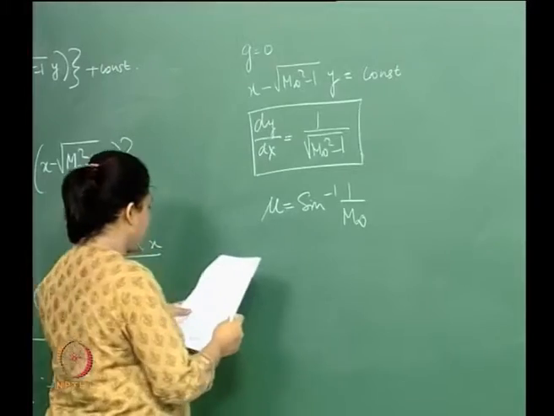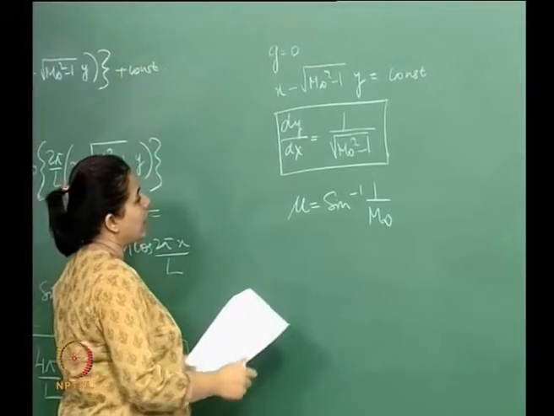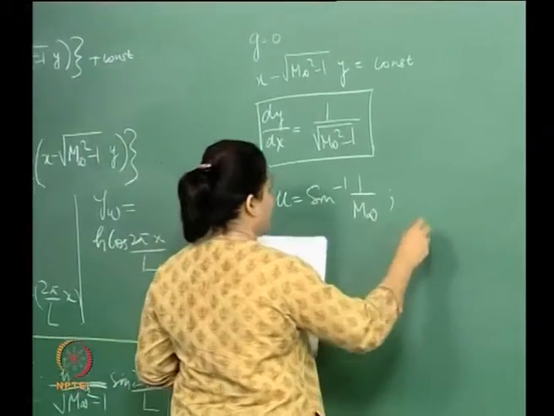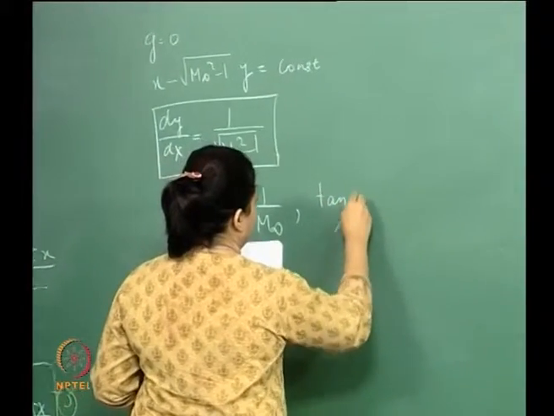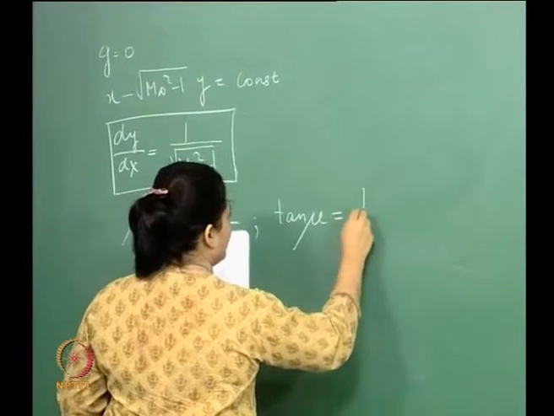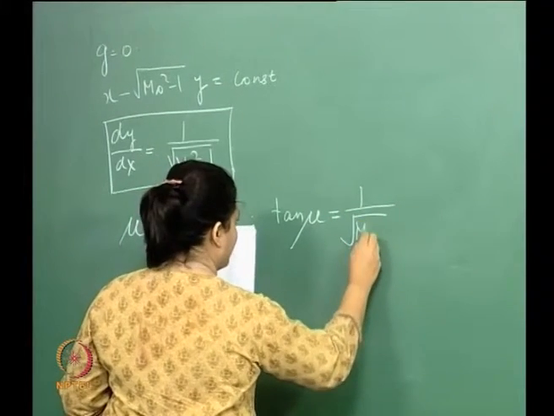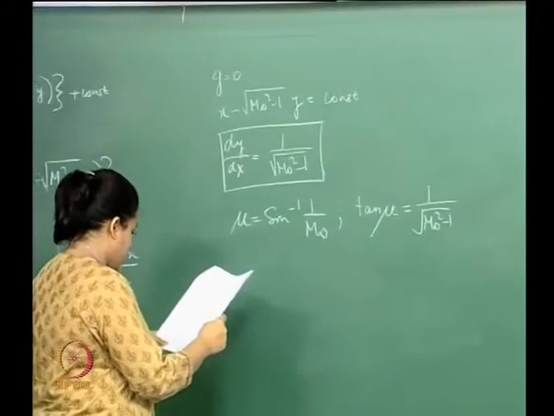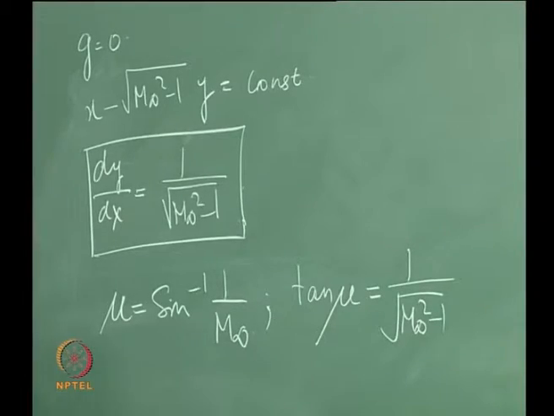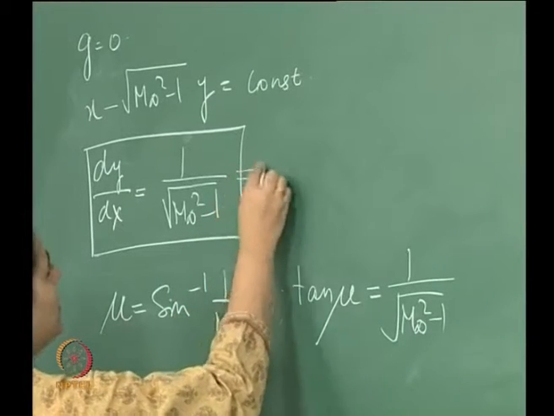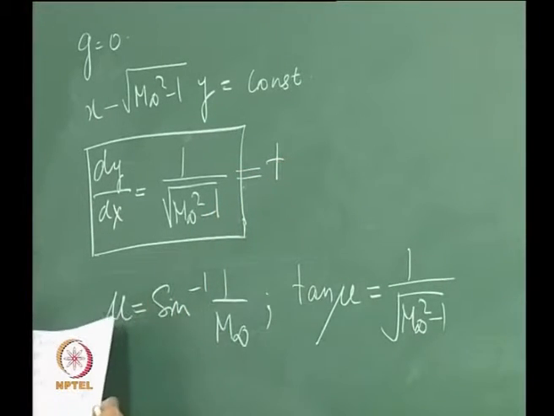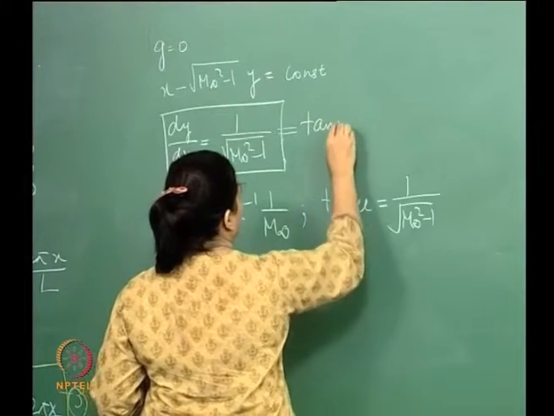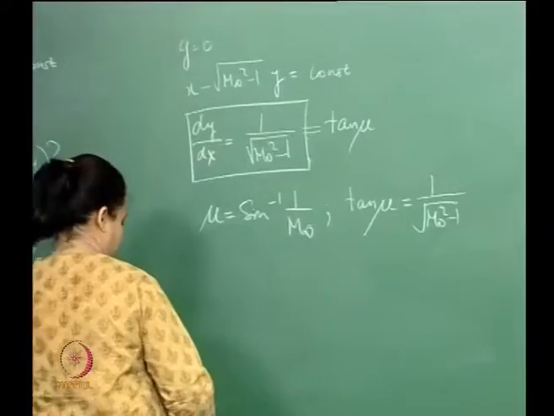If I do a little bit of math, I can write this as this. So what we can say is that dy by dx is also equal to tan mu.